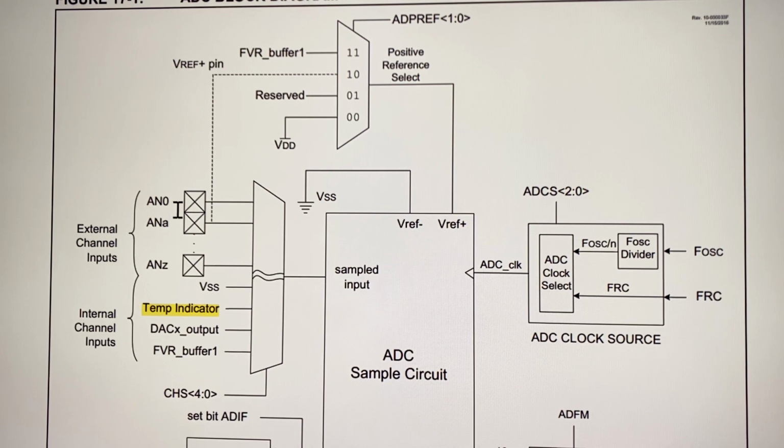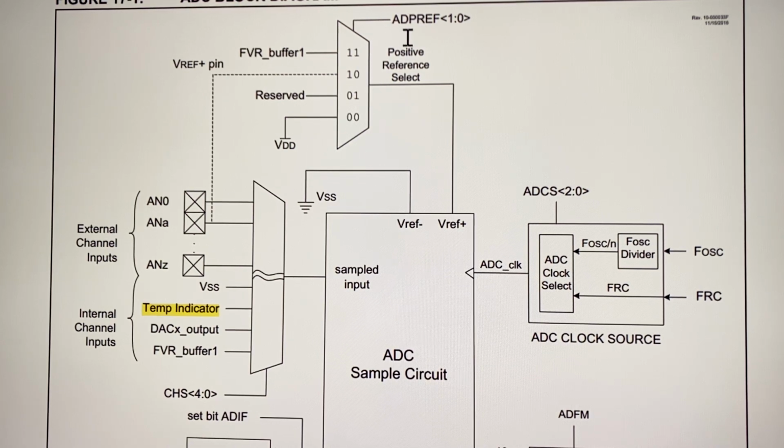So if you have a sensor on any one of these inputs that works in a voltage range less than 5 volts, for example 0 to 1 volt, you want to have the maximum resolution by selecting the positive reference voltage and putting an external reference equal to 1 volt. That way you will get the maximum resolution.